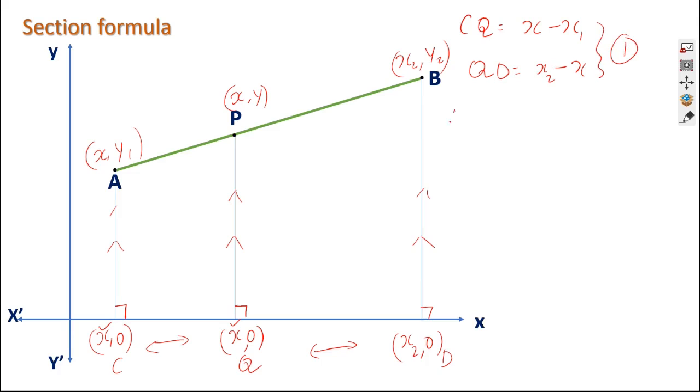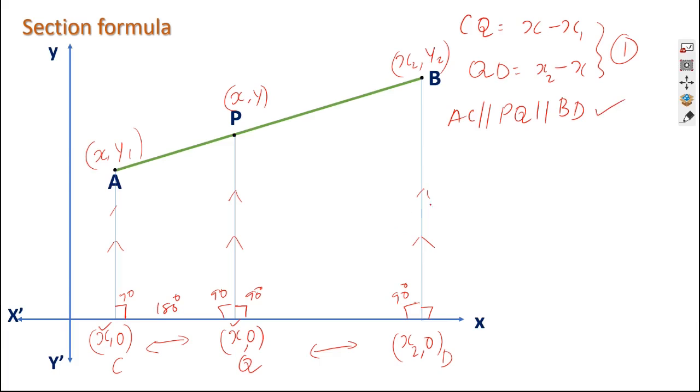We can also say that AC is parallel to PQ and PQ is parallel to BD, because these are perpendicular, and we know the interior angles total 180 degrees, because this is 90 degrees, this is 90 degrees, this is 90 degrees, this also 90 degrees. That means all these are parallel. So there is no problem in writing this.